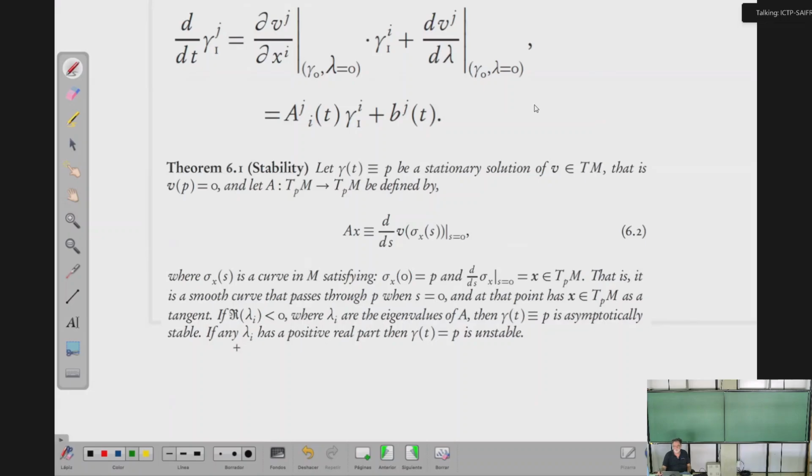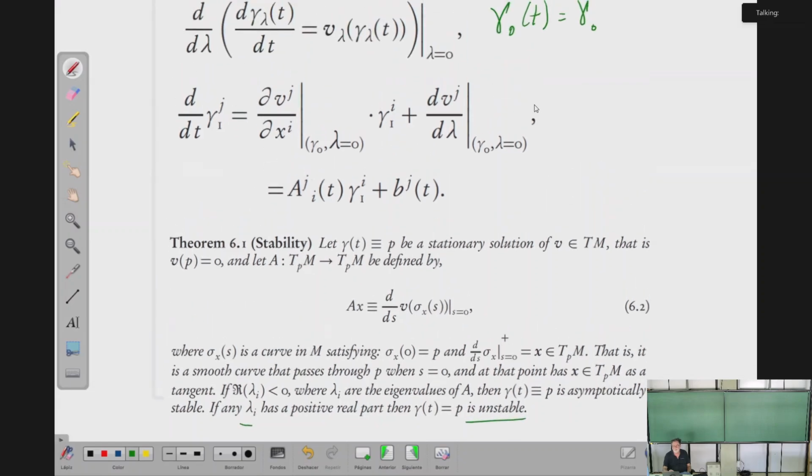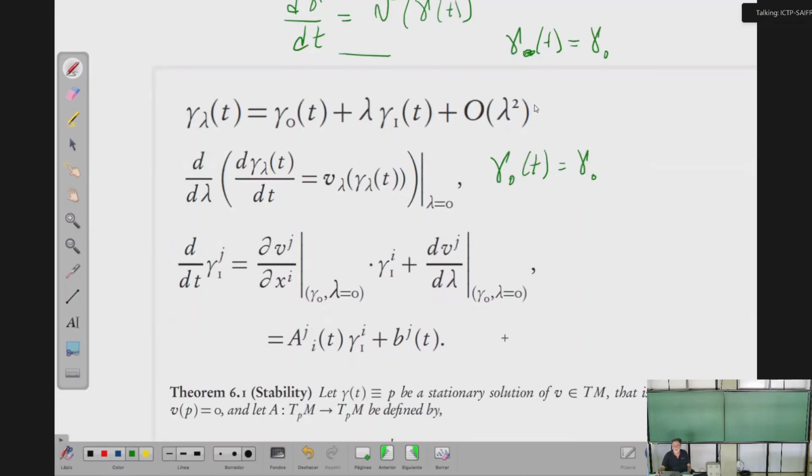And if any of the lambda has a positive real part, then it's unstable. So we have this general theorem. And for that, we have to do this pass, right? Go from here to the linearized system.